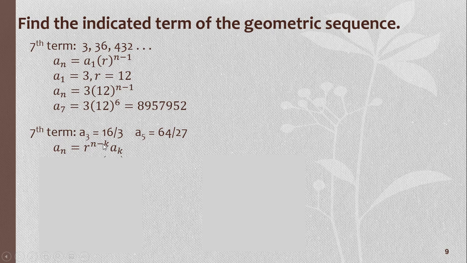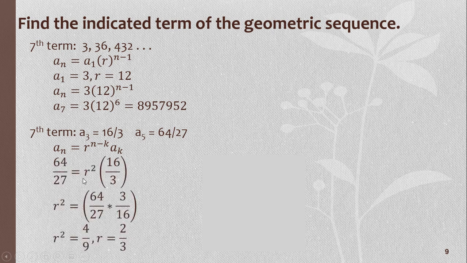Let's look at the 7th term of this sequence when a sub 3 is 16/3 and a sub 5 is 64/27. I'm going to use this formula from a couple slides back. So I can pick a sub n is equal to a sub 5, and my k is equal to 3, so my a sub 3 is 16/3.